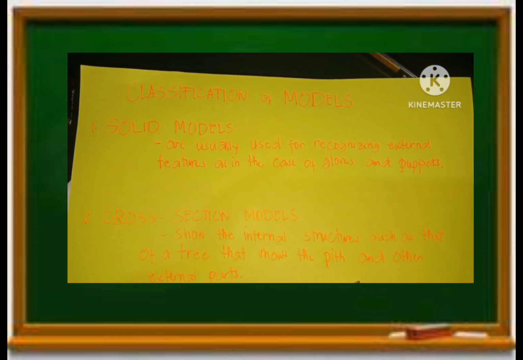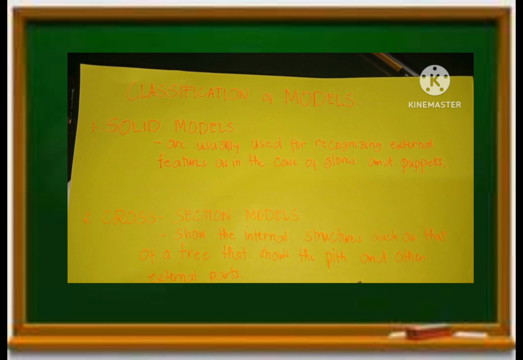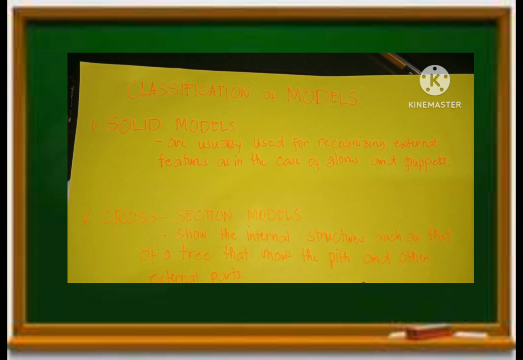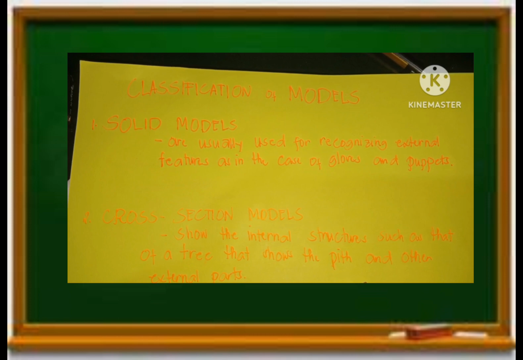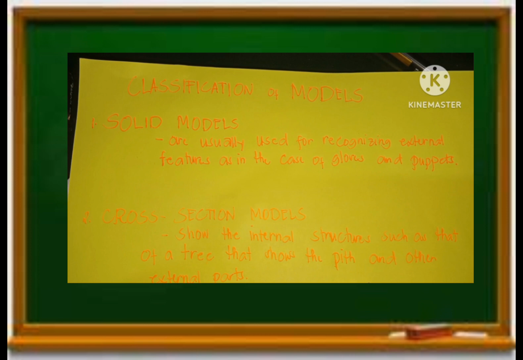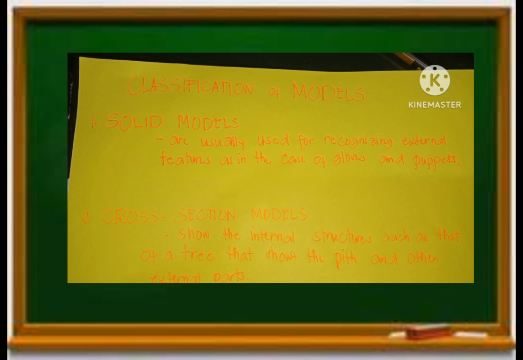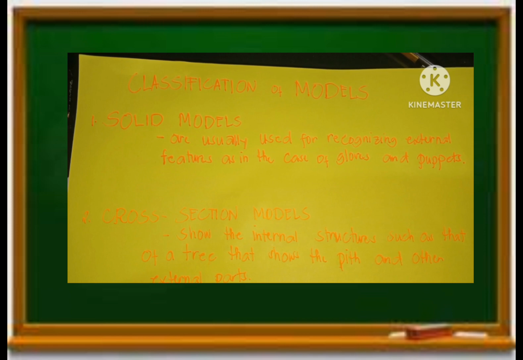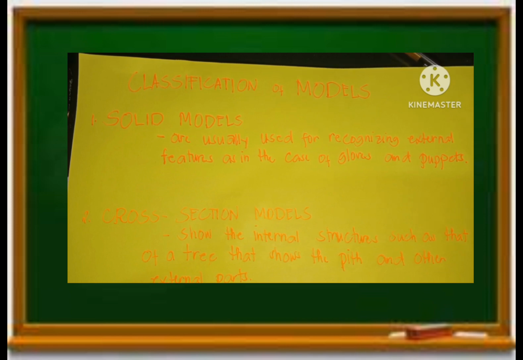And then we have here the four classifications of models, which are the solid models, cross-section models, construction models, and the working models. So, solid models are usually used for recognizing external features as in the case of globes and puppets.